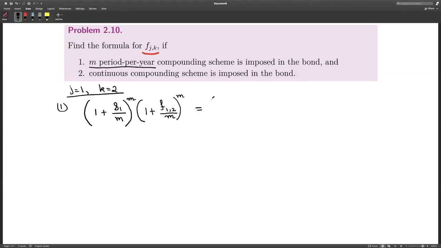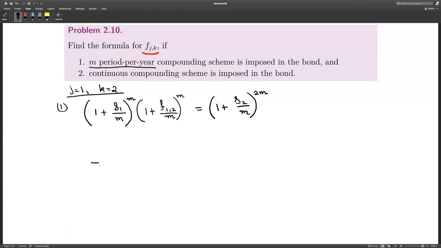On the other side, we have the 2-year spot rate, that is given by 1 plus S2 by m, because it is also divided into m parts for the compounding. Therefore, you have m, and that is for 2 years, therefore 2m you will have.